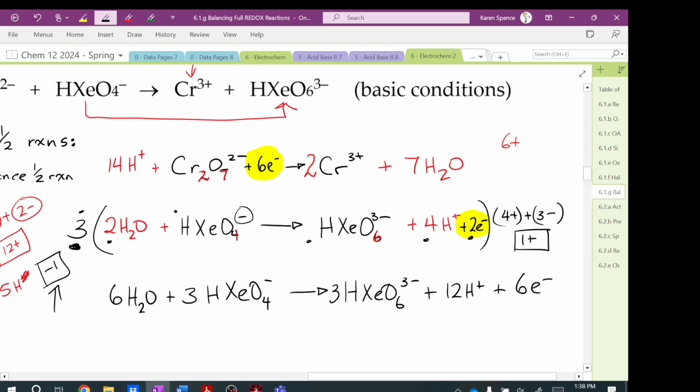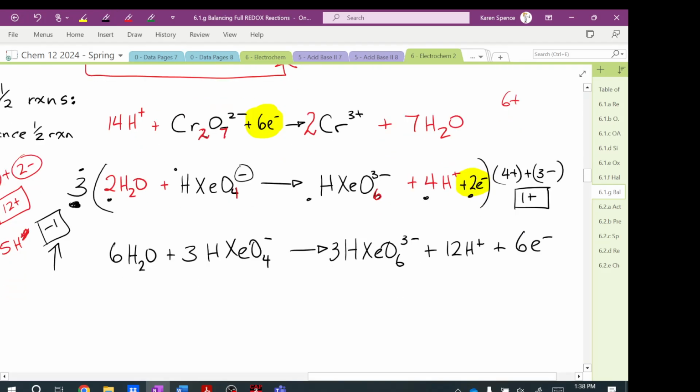I could add them, but I like having them right beside each other when I add them. So I'm going to just quickly copy down the 14 H plus, Cr2O7 2 minus plus 6 electrons goes to 2 Cr3 plus 7 H2O.